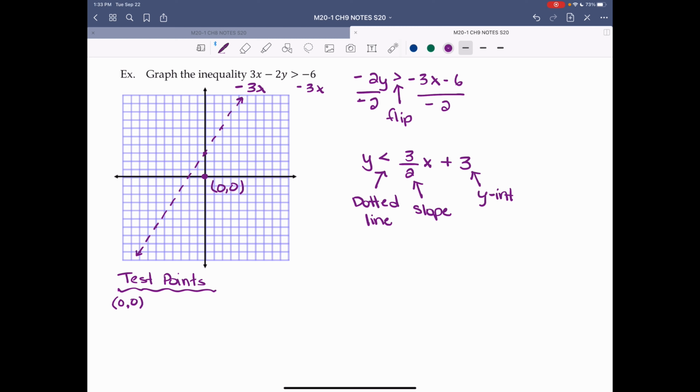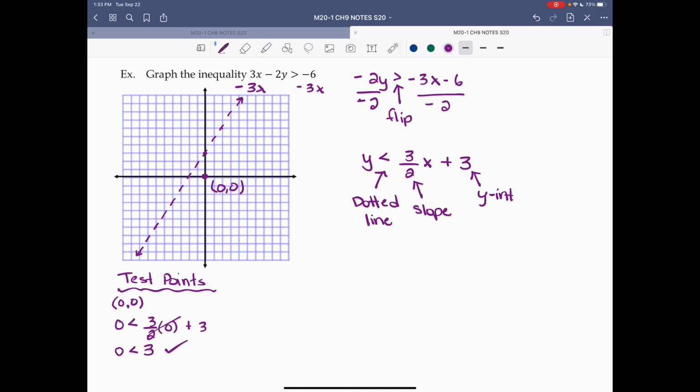My inequality is y is less than 3 over 2 x plus 3, so 0 is less than 3 over 2 times x, which is 0, plus 3. Well, that's going to be 0, so 0 is less than 3. Is that a true statement? Yes, 0 is smaller than 3. So that is true, which would tell me that I would shade on the right side or below our line.